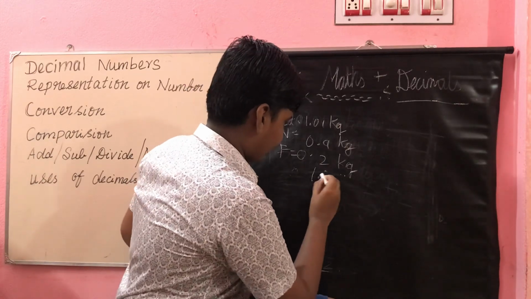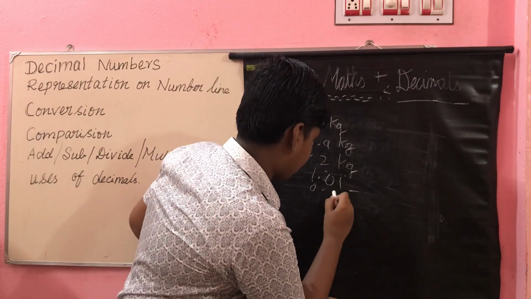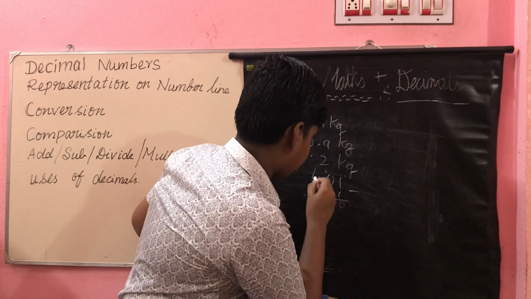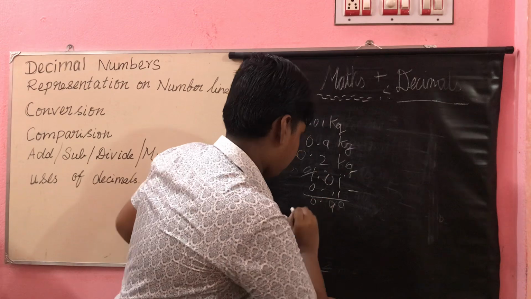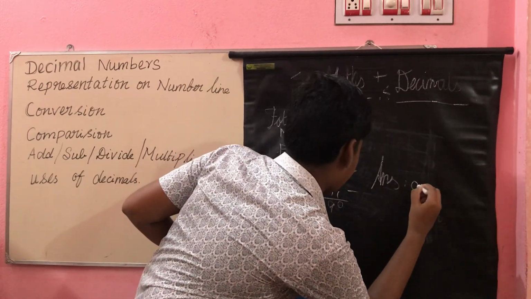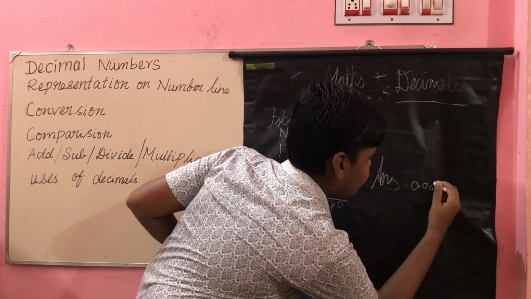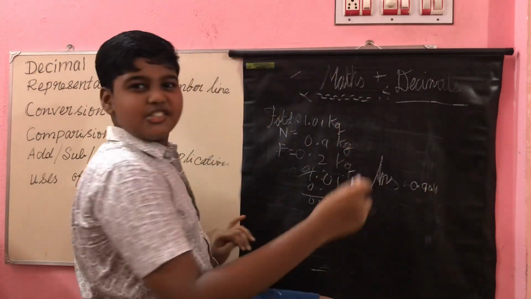So we write 1.01 minus 0.11. So the answer is 0. This will become 10 minus 1, 9.0. So the answer is 0.90 kilograms. Understood, friends?